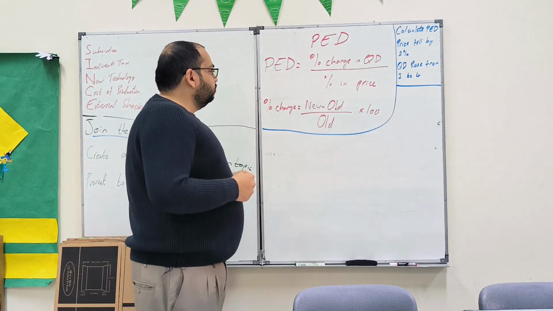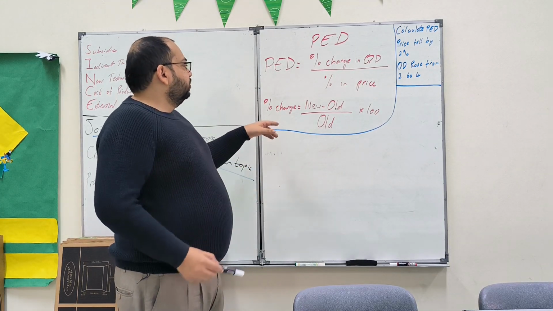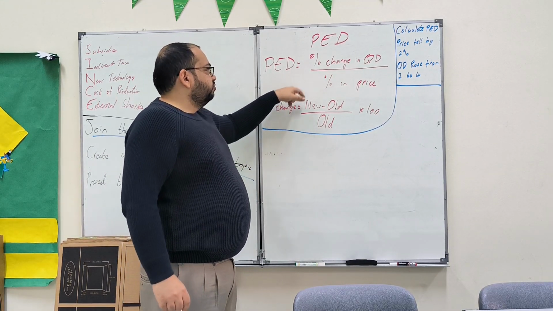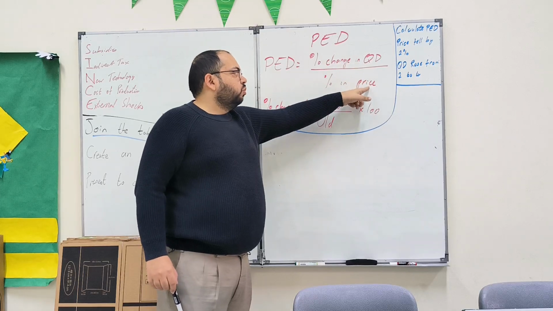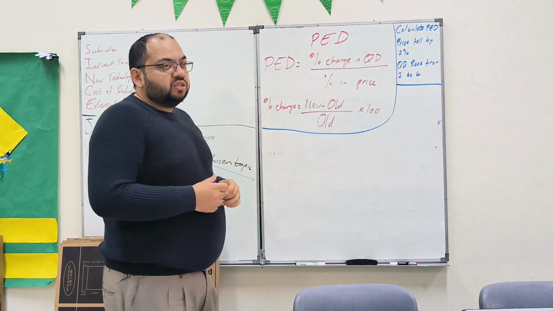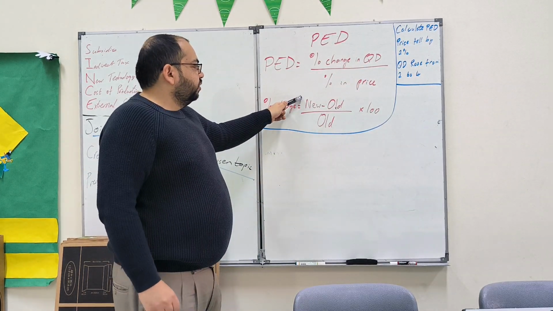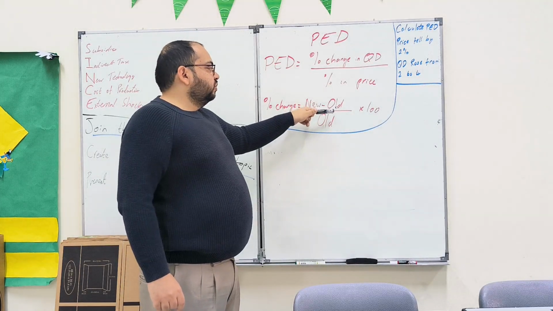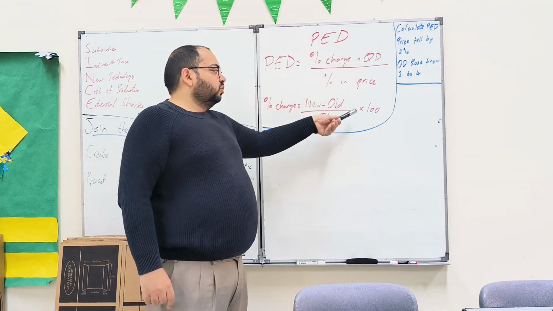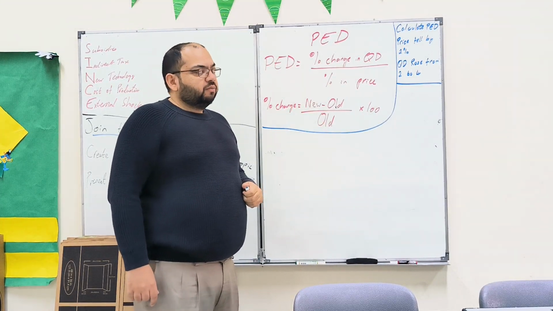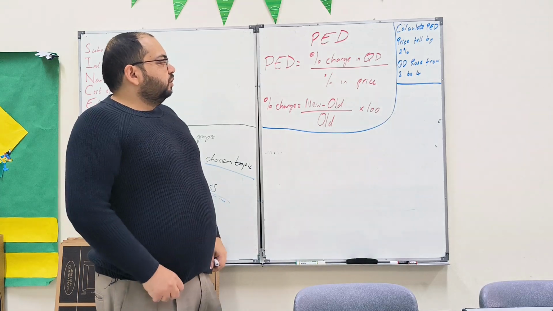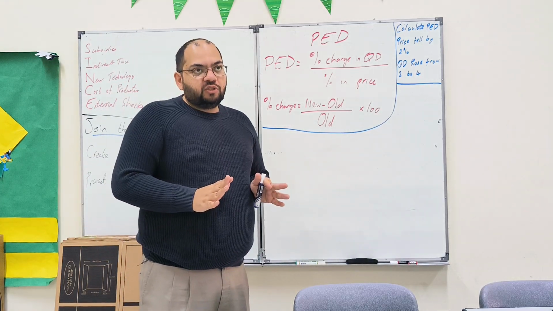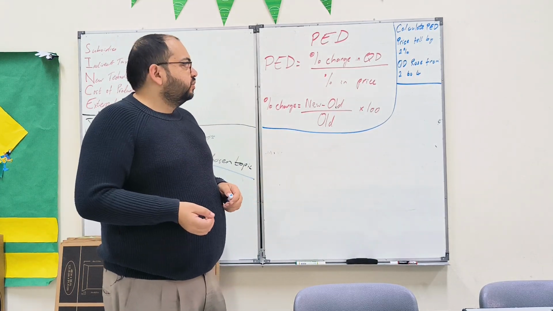Okay? So the formula for doing any percentage change, whether it is percentage change in QD or percentage change in price, all you have to do is take the new figure, minus by the old, divided by the old times 100. Okay?